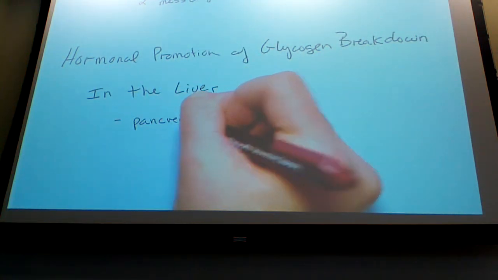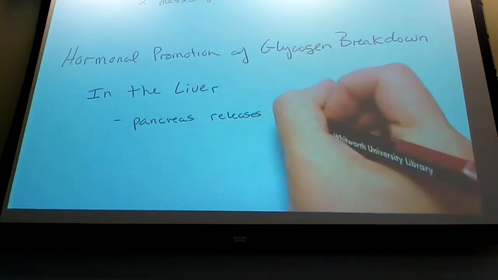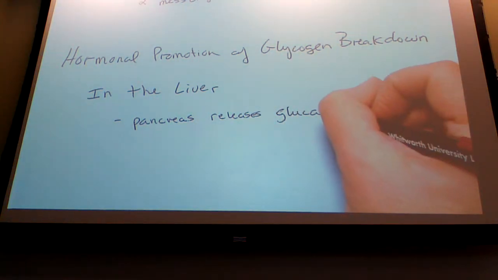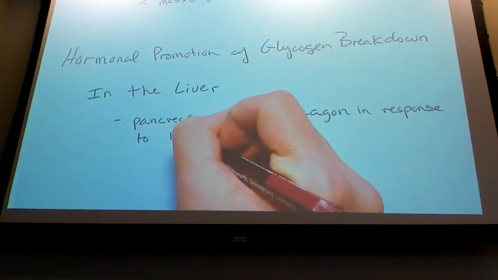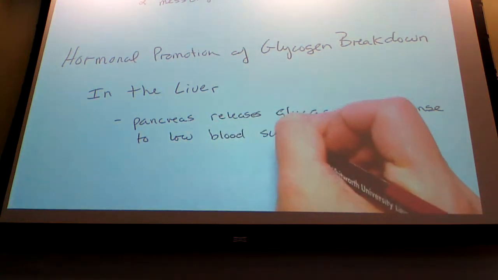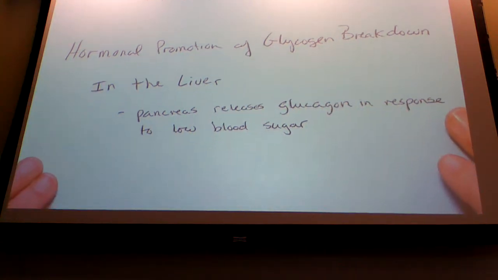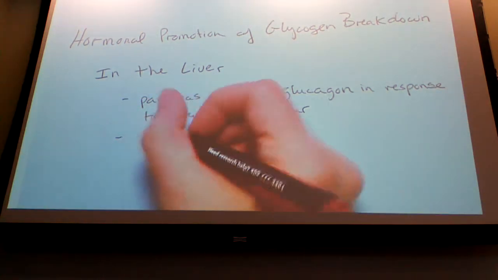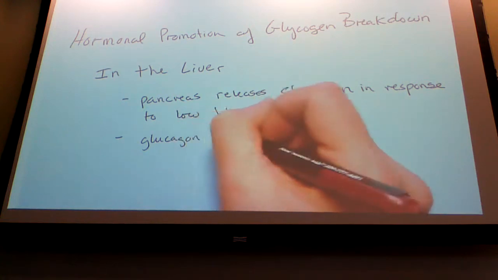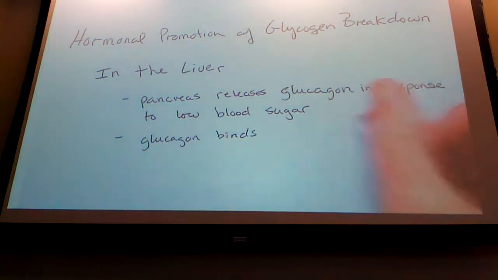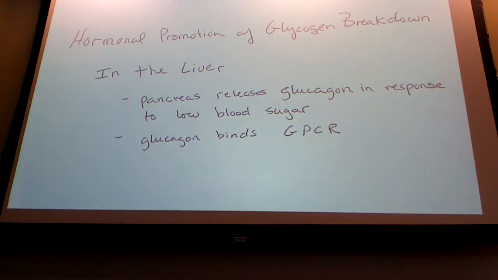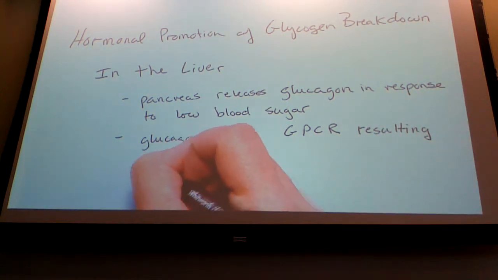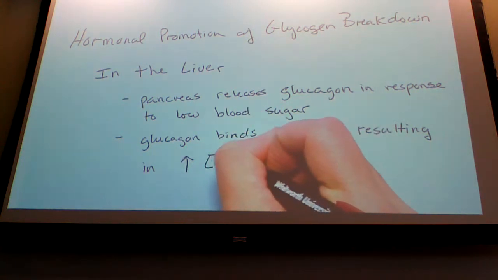Okay, your pancreas releases glucagon in response to low blood sugar. It binds a G protein coupled receptor, resulting in an increase in the cellular levels of cyclic AMP.